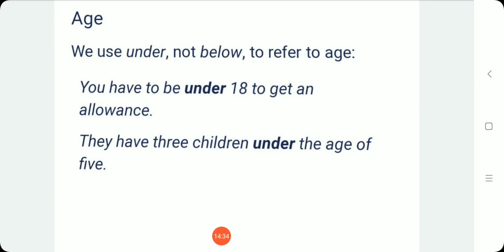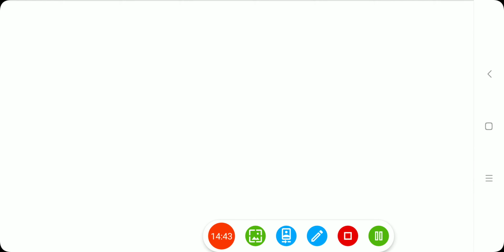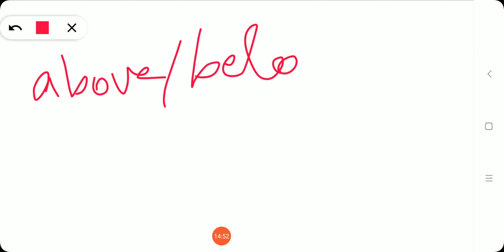So above and below can be used in opposite places.